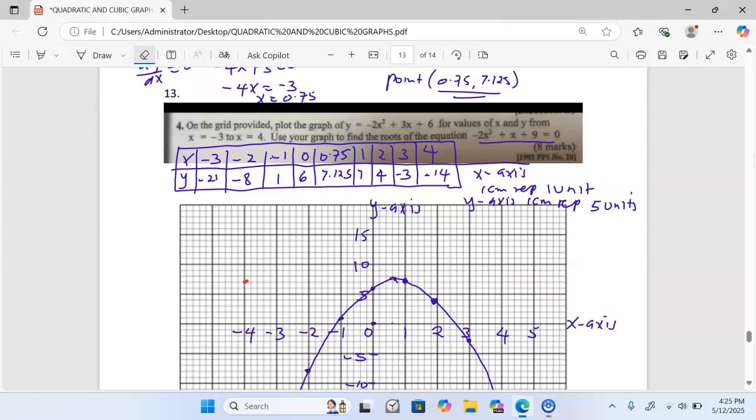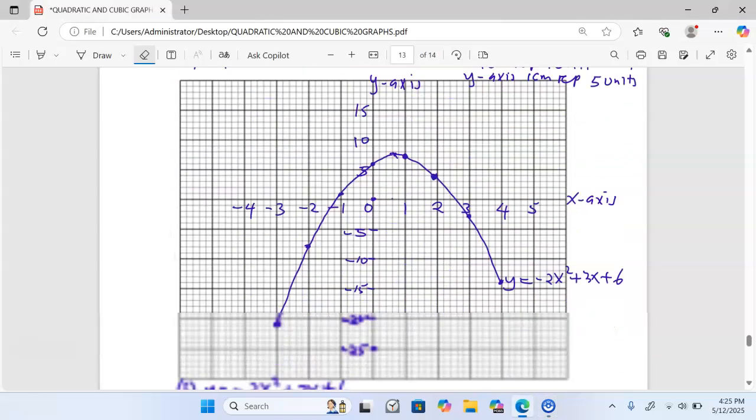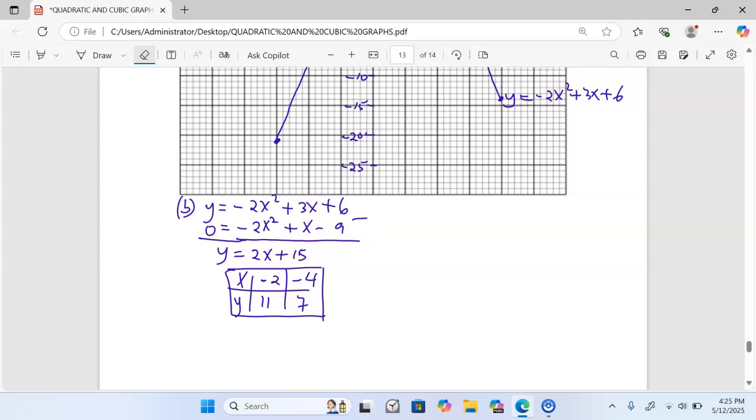No, there is a mistake here, because from this table here, you realize that this operation here is not correct. That means whenever you subtract these two, we are going to have y being equal to 2x minus 3, because this is plus 9.